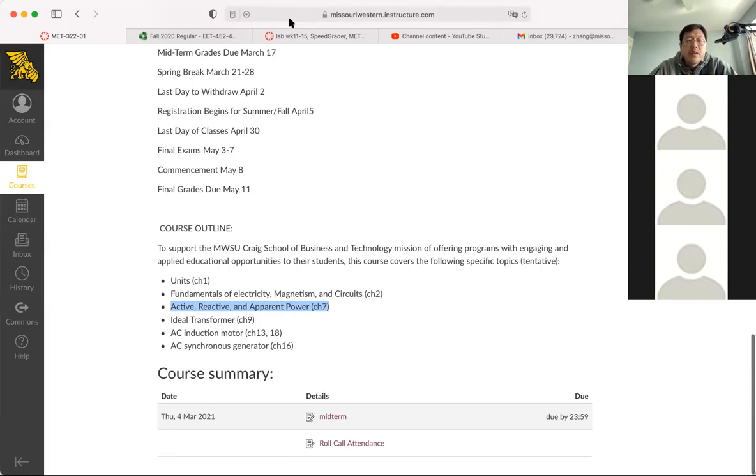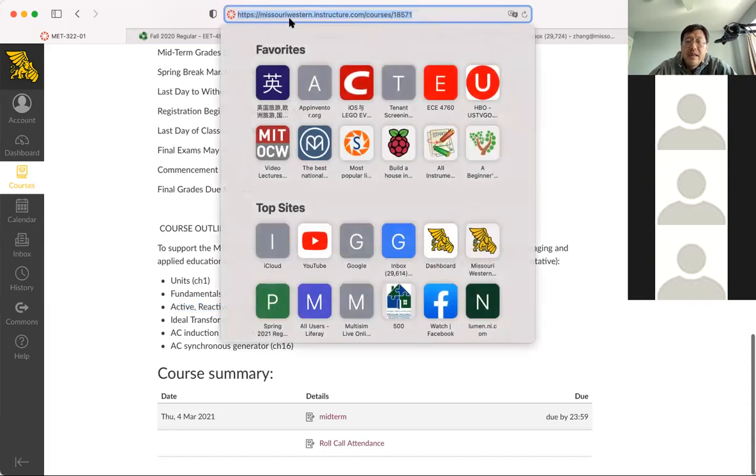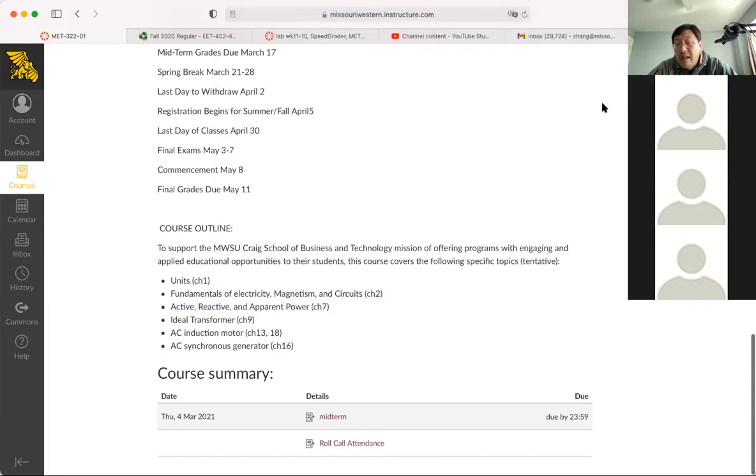So what I highly recommend is if you are designing any circuits, or in your daily life you meet a circuit you're trying to analyze at work or at home, instead of just doing the mathematical analysis, just use MET322. It is a perfect tool to simulate and analyze your circuits.